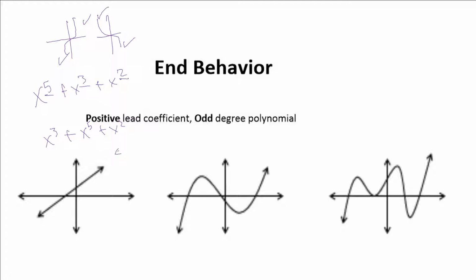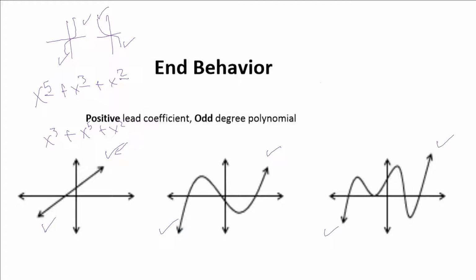Here we have a line with a positive slope, and you'll notice that its ends are in quadrant 1 and quadrant 3. So a positive leading coefficient will have ends in quadrant 1 and quadrant 3. Even if something else is going on in the middle, as long as the leading coefficient is positive, it's going to have ends in quadrants 1 and 3.